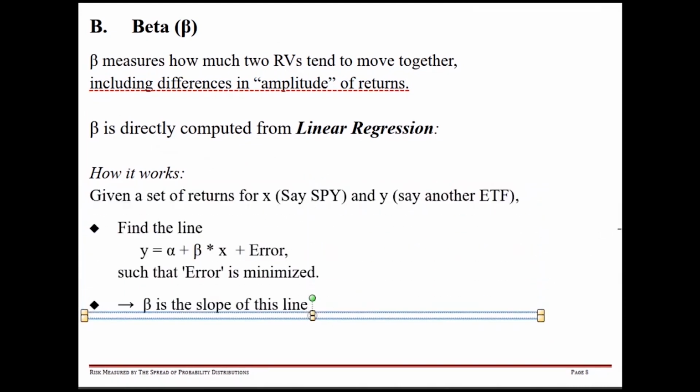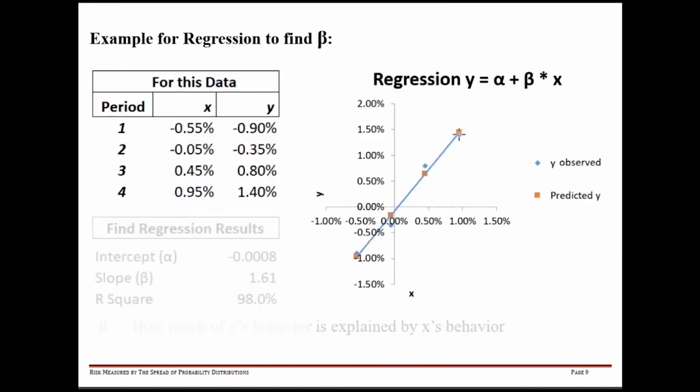Let's say we are interested in comparing the returns of ETF Y to the returns of ETF X. We make a linear regression line between y and x, y equals alpha plus beta times x plus error, and we use our standard squared error technique to minimize the error term. Beta is the slope of the line.